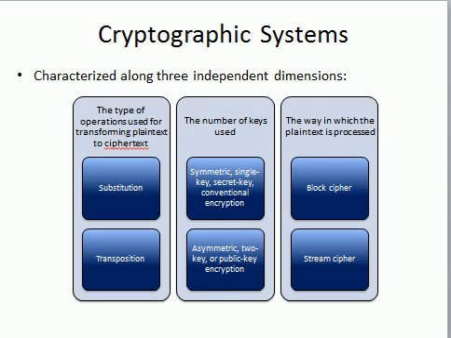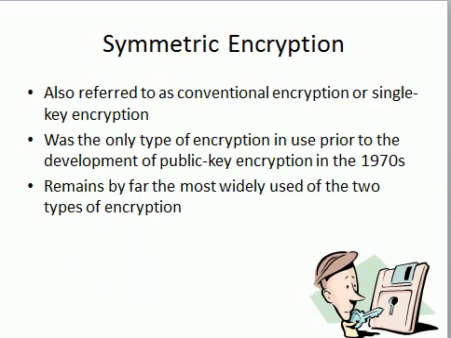Here comes the symmetric encryption technique, which is a single key encryption technique, and the other one is the asymmetric technique, where two keys are used, which is otherwise called the public key cryptosystem. The third dimension is the way in which the plain text is processed. Based on this, it is classified as block cipher and stream cipher.